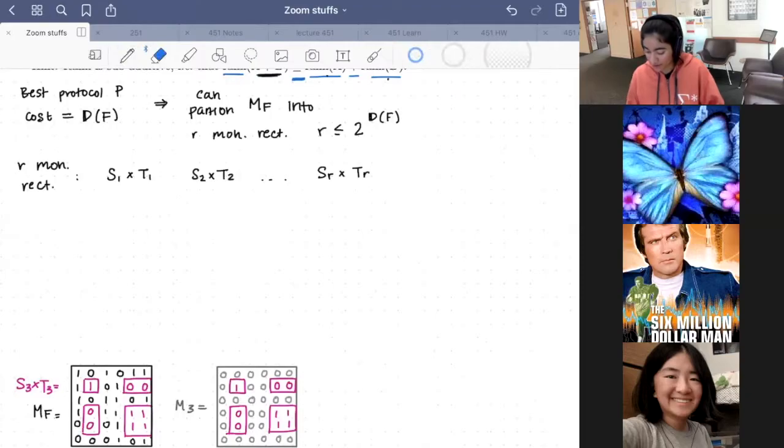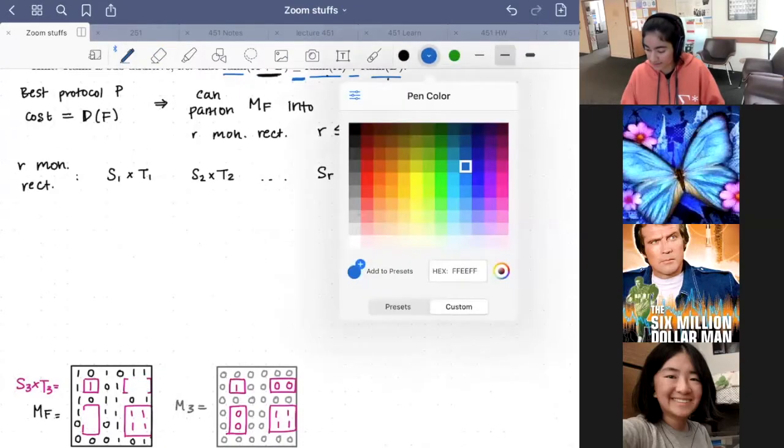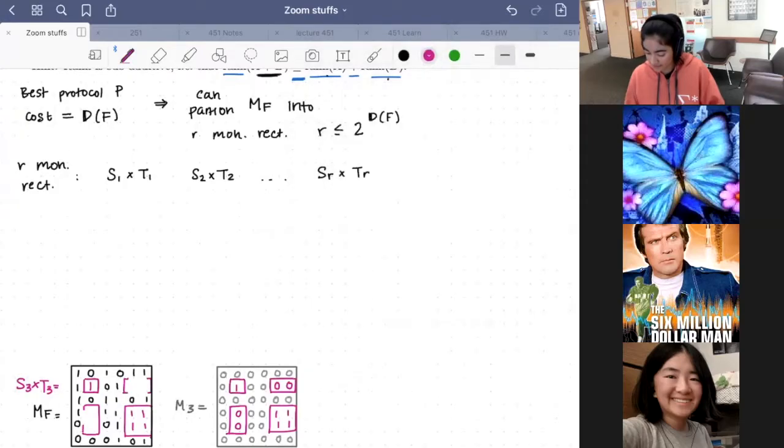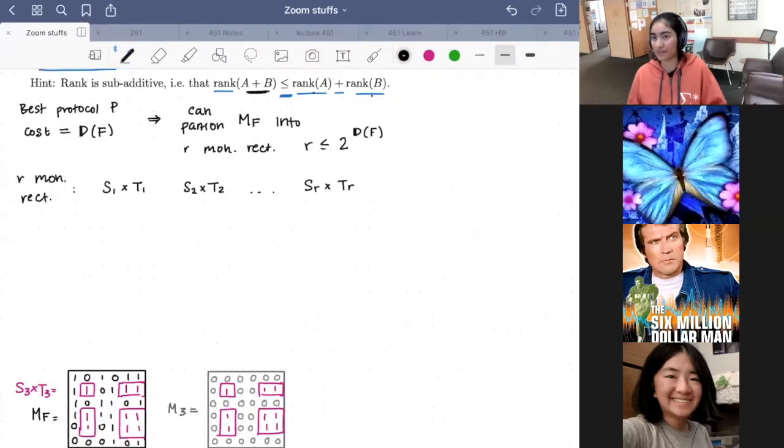Since it's monochromatic, we know all of these have the same value, so let's say they're all 1s. All I'm going to do is take that monochromatic rectangle, this pink rectangle I have here, and pad the rest of the matrix with zeros to create another matrix. Let's call it M3 because it was formed from the monochromatic rectangle 3.